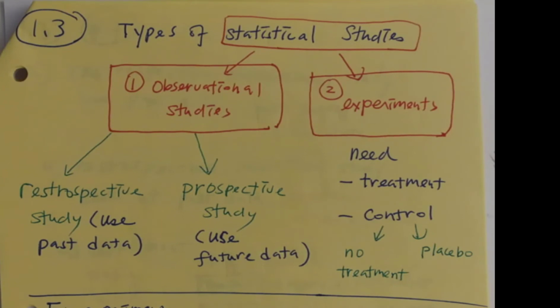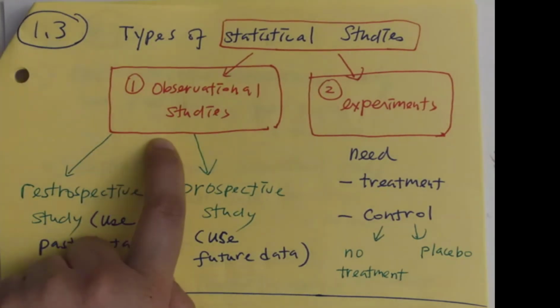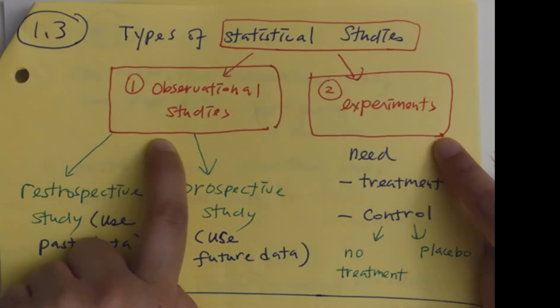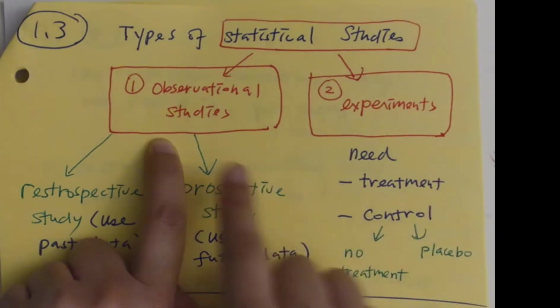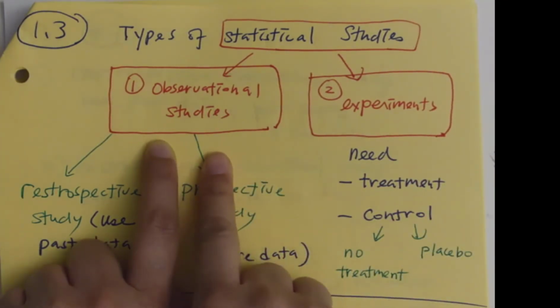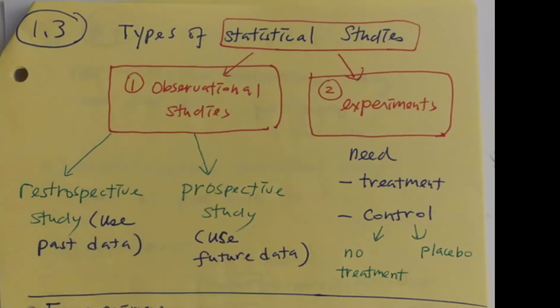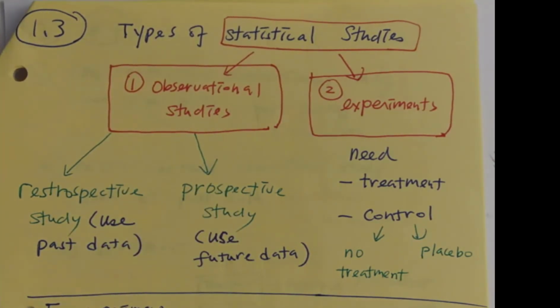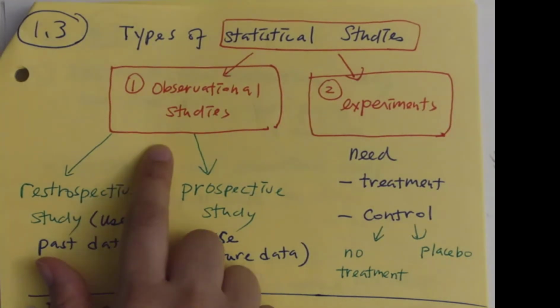We may give you an example, and you need to identify if an observational study or an experiment would be appropriate. A lot of times, if it's unethical, we can only do an observational study, like whether a pregnant woman smoking will affect babies. That would be an unethical experiment, so we have to do an observational one.